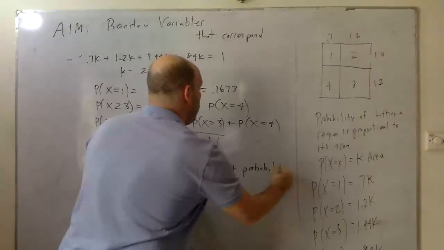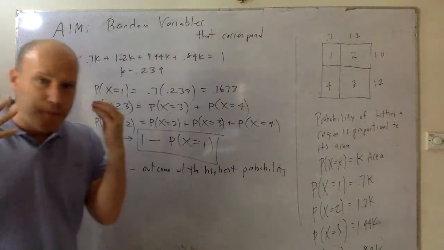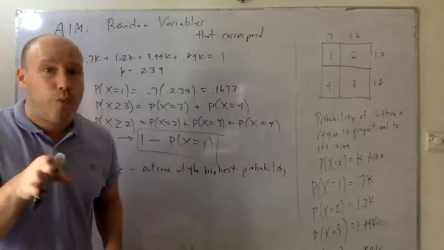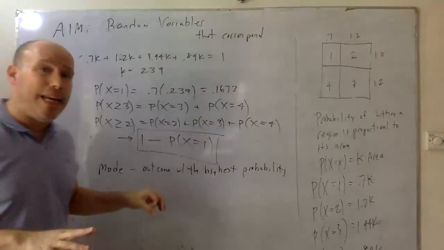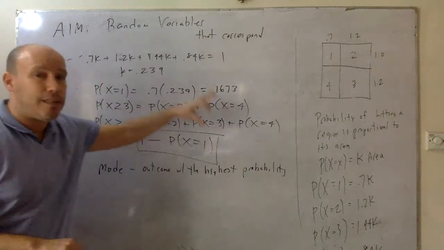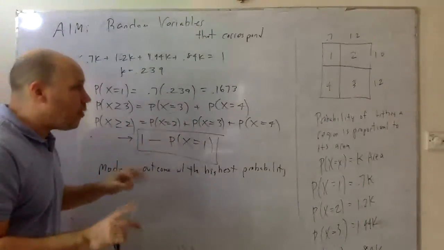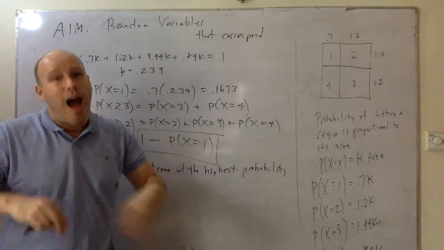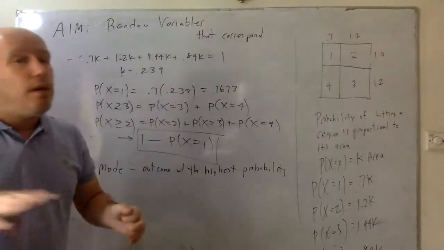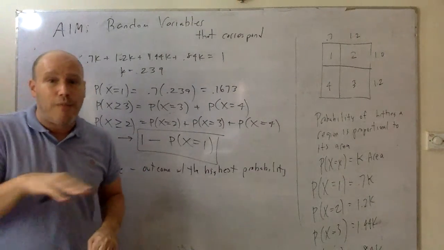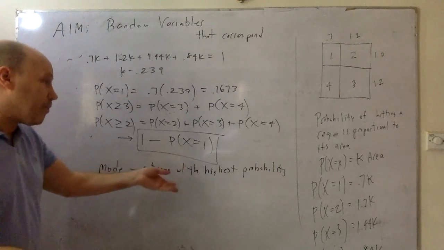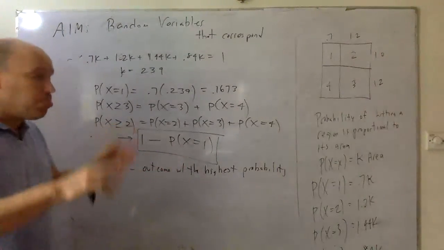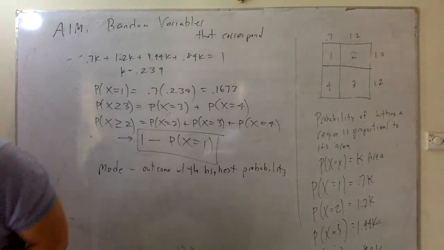And I need you to, this is a perceptual shift. This is a change because we no longer know exactly how many people. We're now depending on the probabilities of an event. And so, yeah, in my original example, I did interview 100 people, but you're not going to be given the amount of people. You're going to be given probabilities. So the mode is the outcome with the highest probability. And that's basically it. We're good.